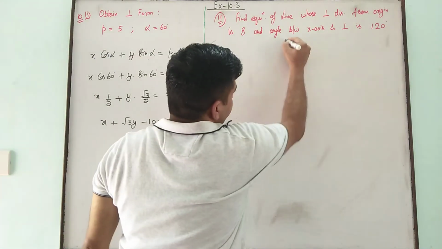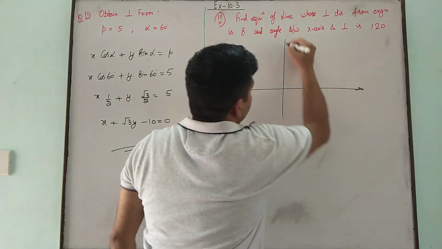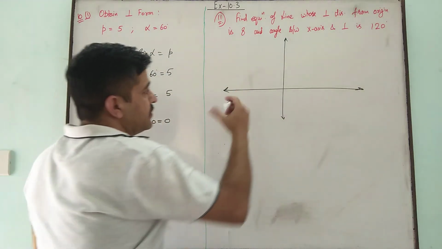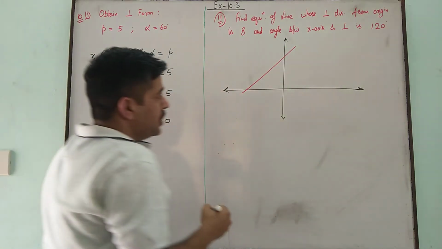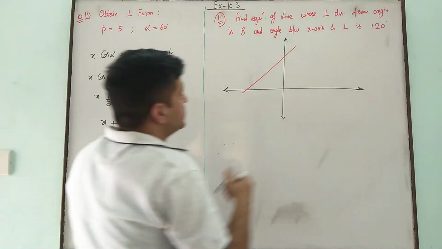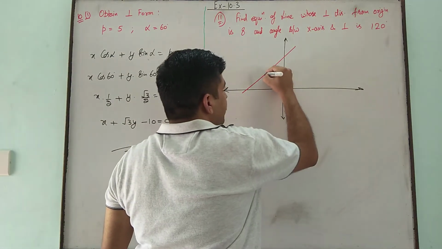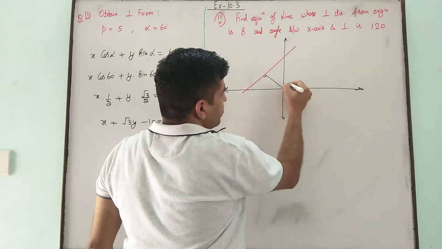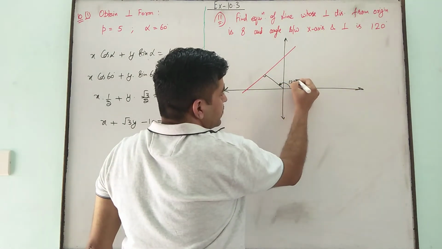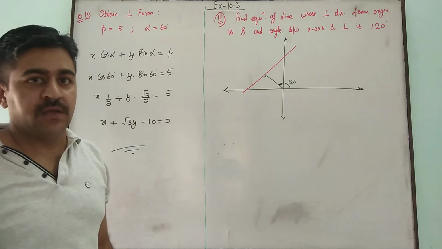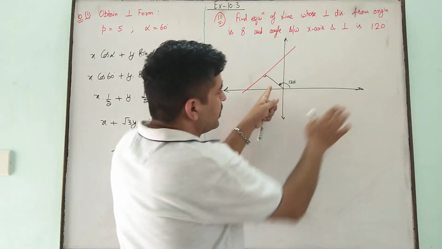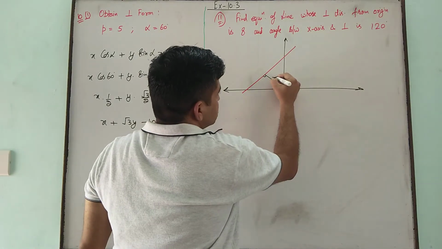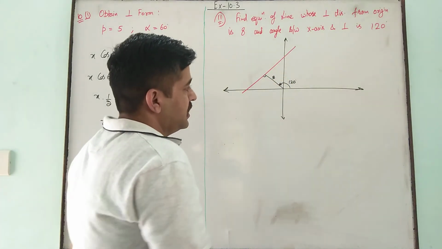Now see, this will be your line whose perpendicular distance is making angle 120 degree with x-axis in positive direction. Angle between that perpendicular and axis is 120 degree. So alpha is 120 degree and this is 8 units.